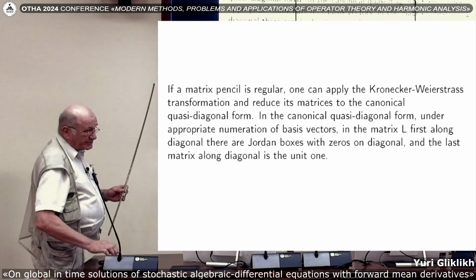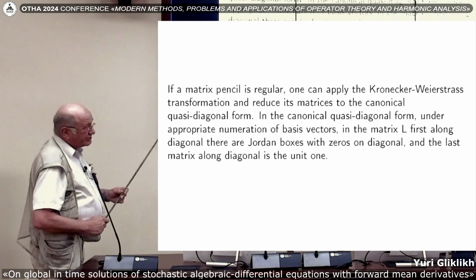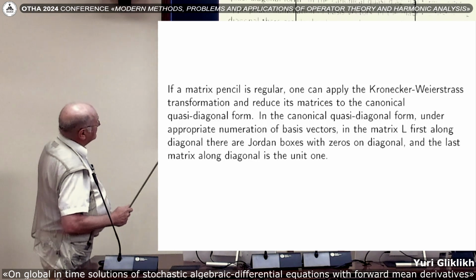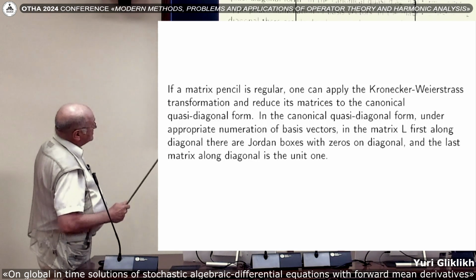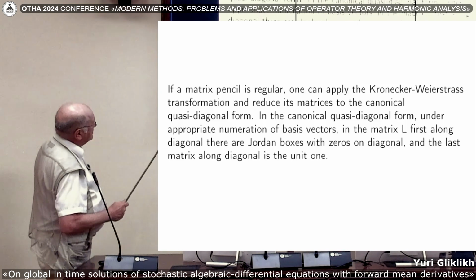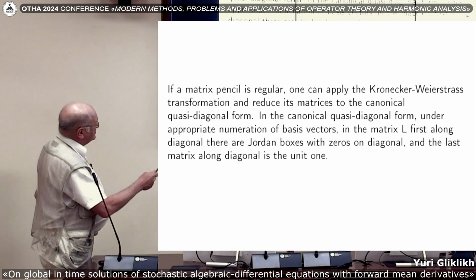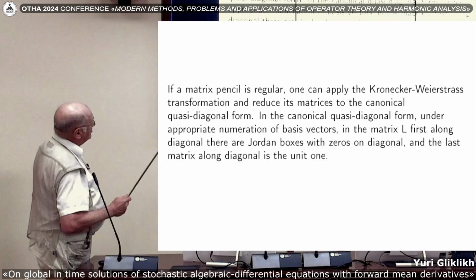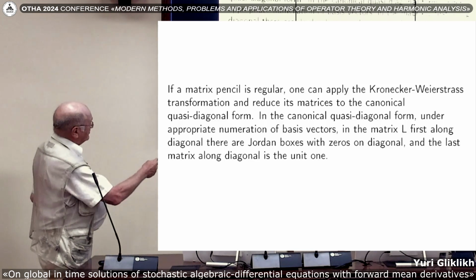We shall deal with regular pencils. Then we can apply the so-called Kronecker-Weierstrass transformation and reduce its matrices to the so-called canonical quasi-diagonal form.